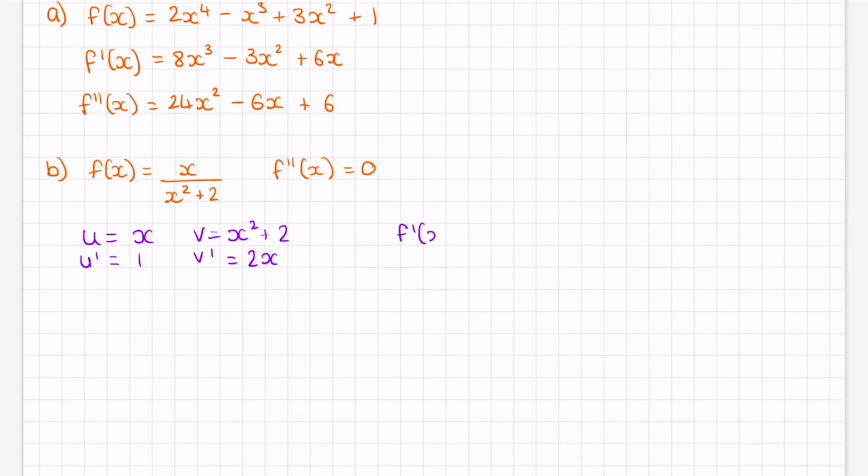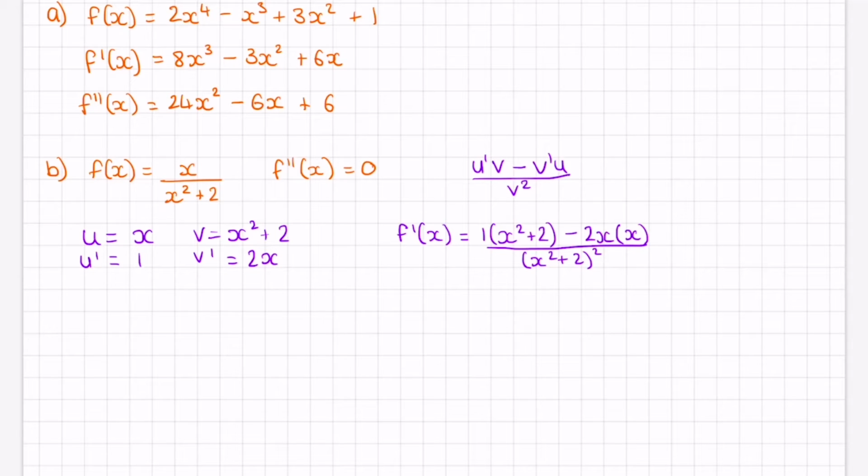Now it's a quotient rule, so we need to do u dash v minus v dash u all over v squared. So that will be 1 times v, which is x squared plus 2, minus v dash, which is 2x multiplied by u, which is x, all over v squared, so x squared plus 2 all squared.